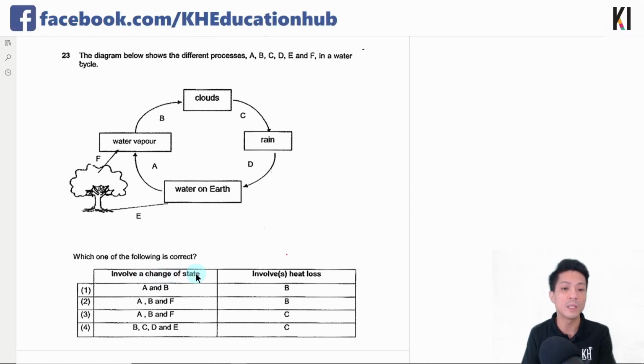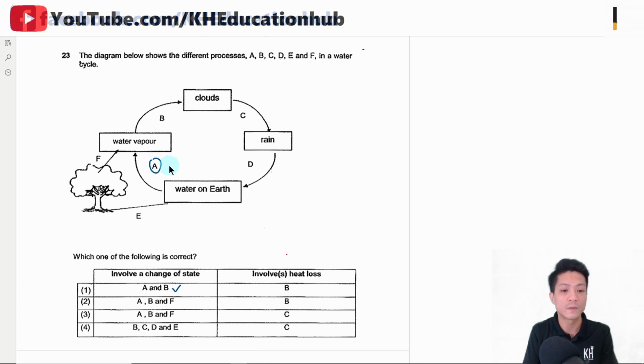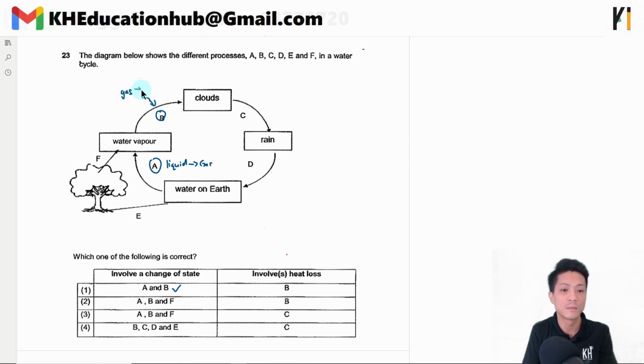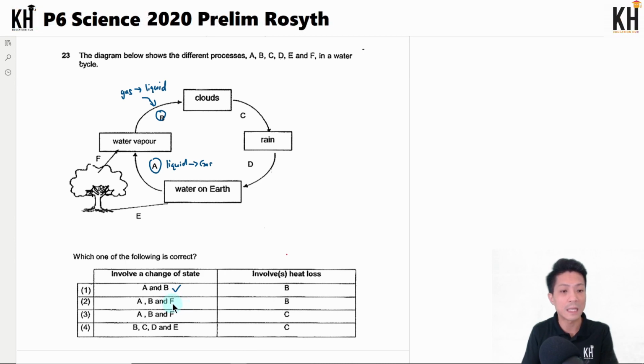A and B. Probably because A is from a liquid to gas, and B is from gas to liquid. So A, B, and F.